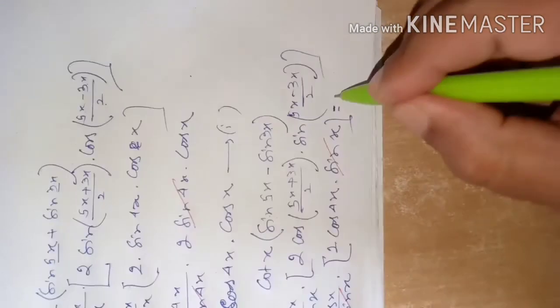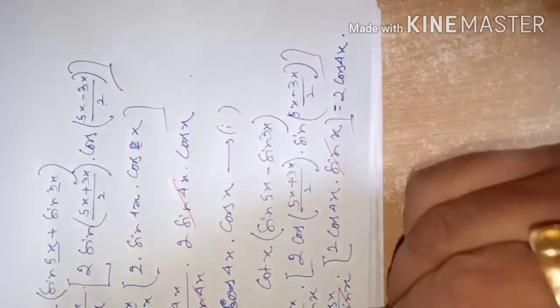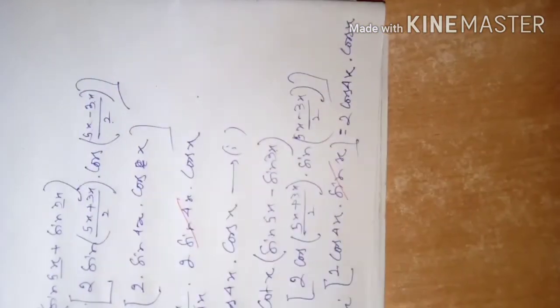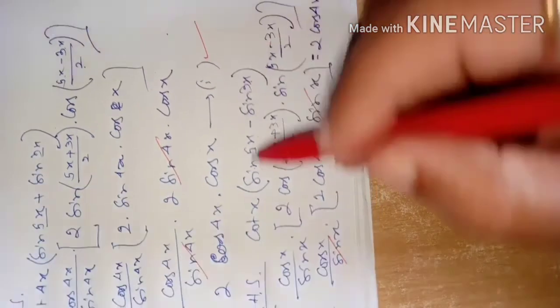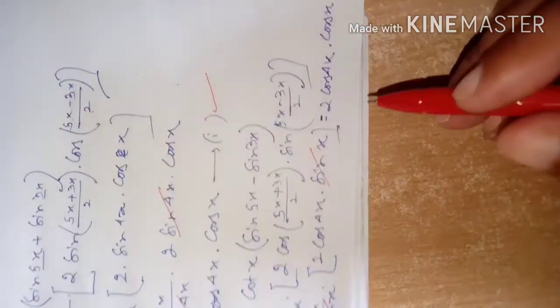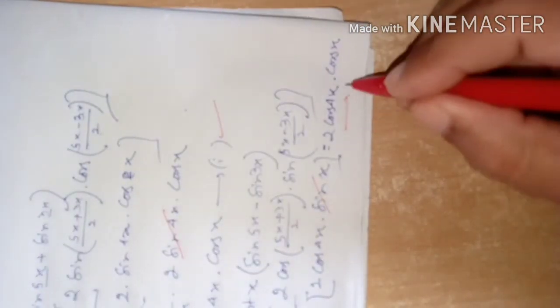The result will be twice cos 4x into this cos x. This is the final answer. So dear students, we got the same thing in equation 1, this is also twice cos 4x into cos x, and in this equation 2 also we got the same thing. You see, twice cos 4x into cos x. So this is equation 2.